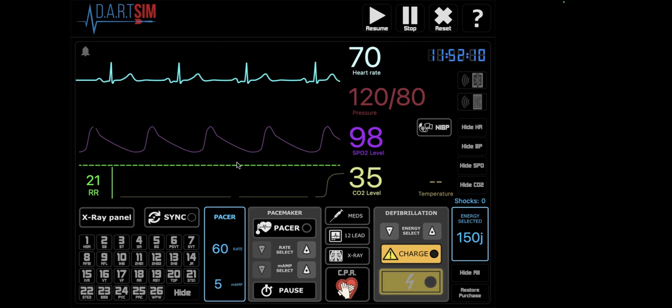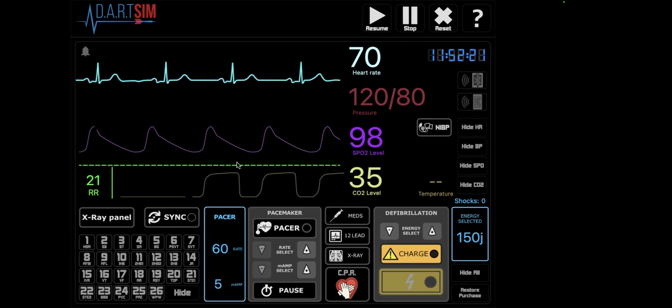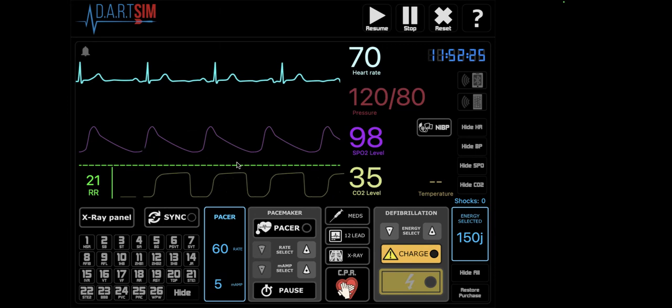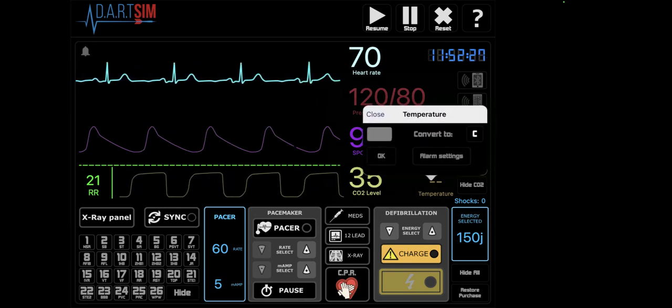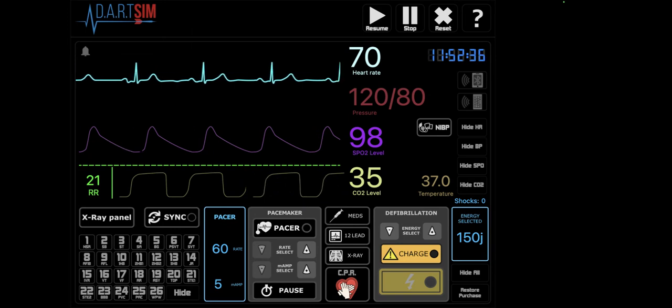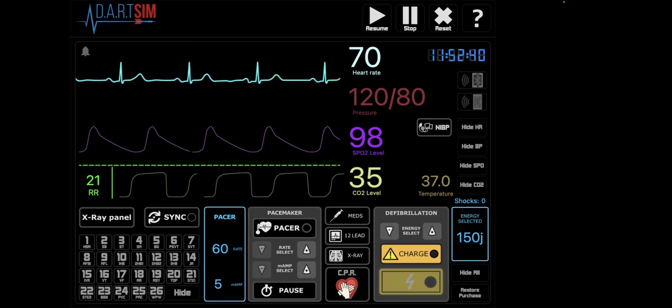A normal CO2 level for exhaled air would be between 35 and 45. And so when we see this patient, we see a very normal patient. We would even have a temperature, and it would likely be 37.0. And so here is a great picture of a very well patient.